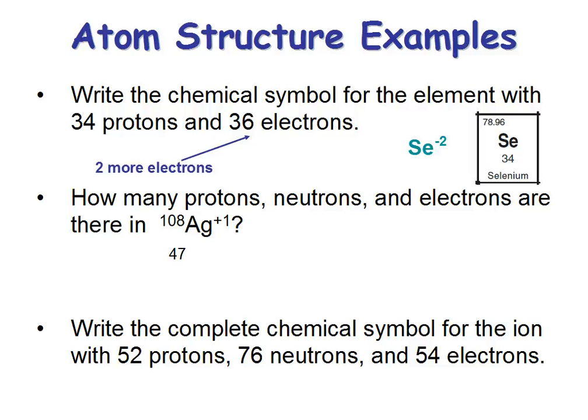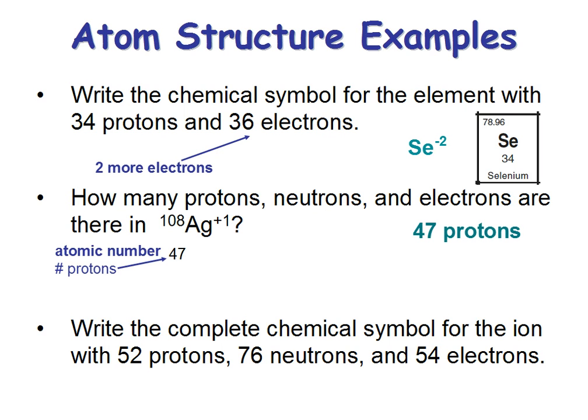The last 2 examples on this particular slide are inverses basically of one another, or mirror images. I'm going to ask you to draw that symbol for the last one, and I'm going to have you break it apart for the one that we're going over right now. As a reminder, remember that that bottom number next to silver is your atomic number, which is your protons. You could also get that from finding silver on your periodic table.